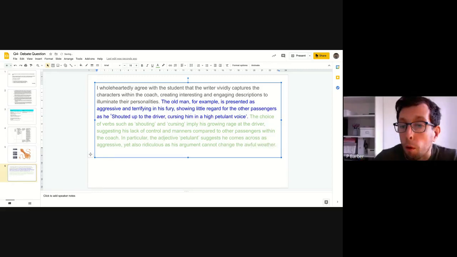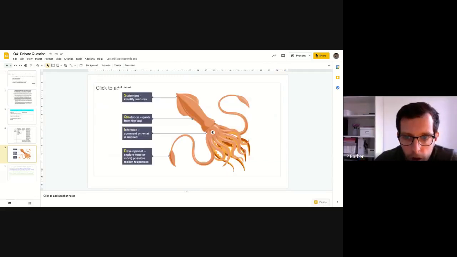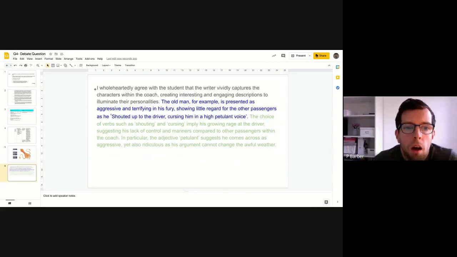Okay, so I'm reading back what we've got so far. Our point, our evidence, our explanation, or our statement, our quote, our inference. I wholeheartedly agree with the student that the writer vividly captures the characters within the quote, creating interesting and engaging descriptions to illuminate their personalities. The old man, for example, is presented as aggressive and terrifying in his fury, showing little regard for the other passengers as he shouted up to the driver, cursing him in a high, petulant voice.